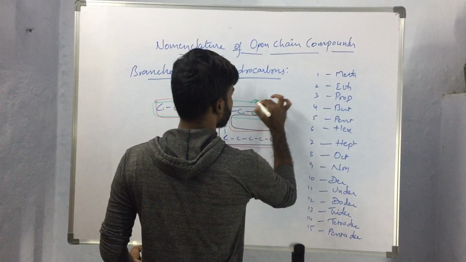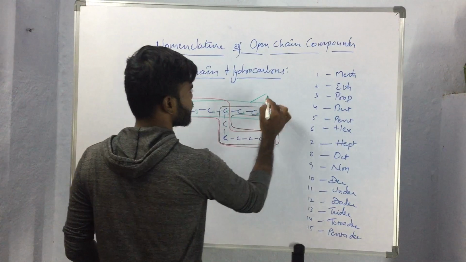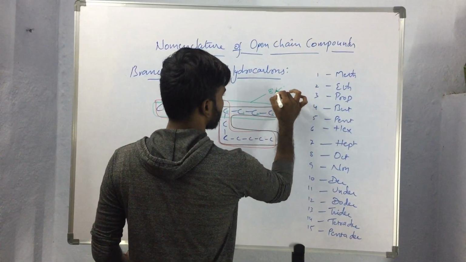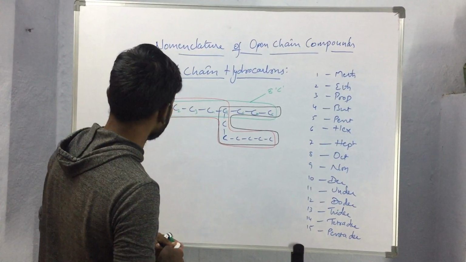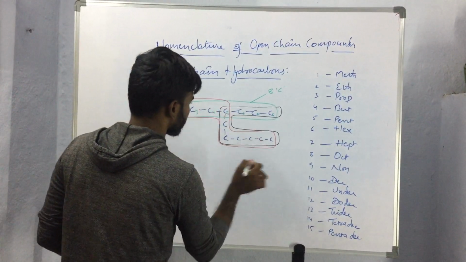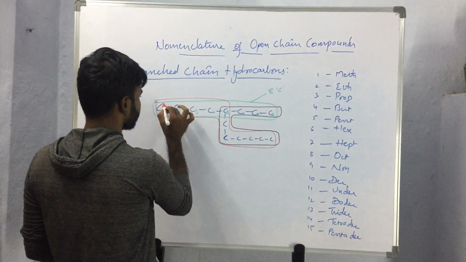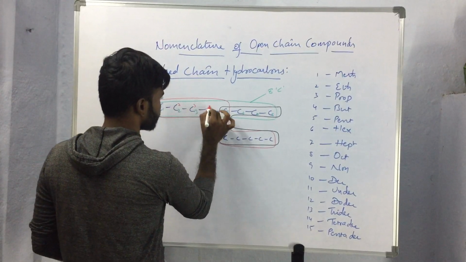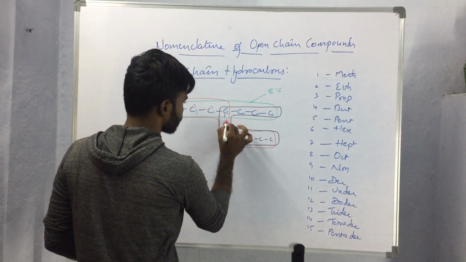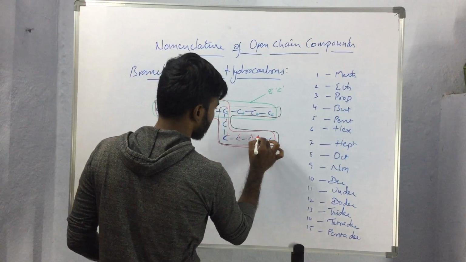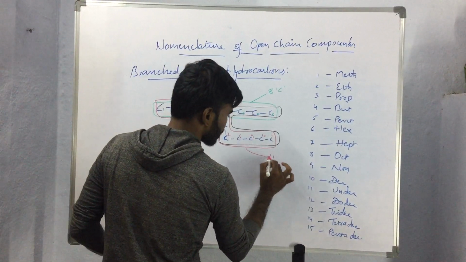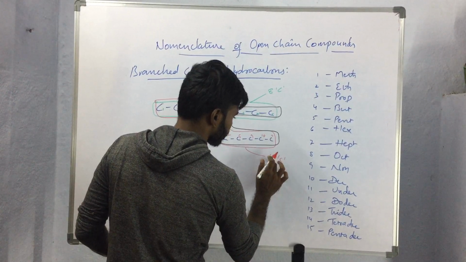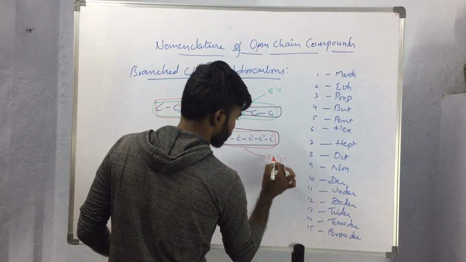So the chain represented with green ink contains 8 carbon atoms. The chain presented with red ink, 1, 2, 3, 4, 5, 6, 7, 8, 9, 10, 11, so 11 carbon atoms.